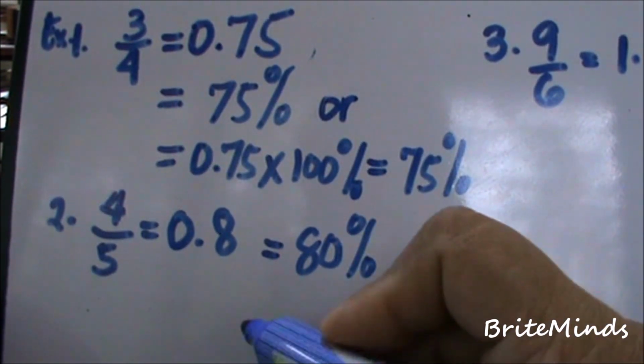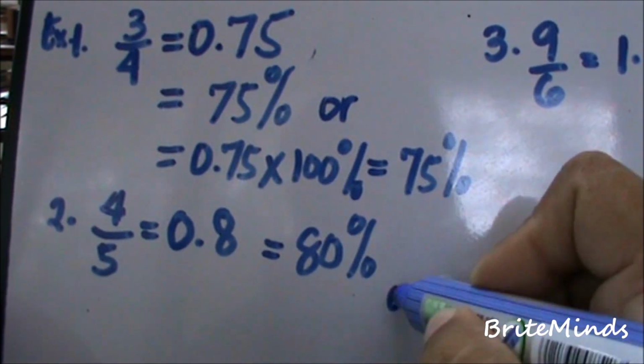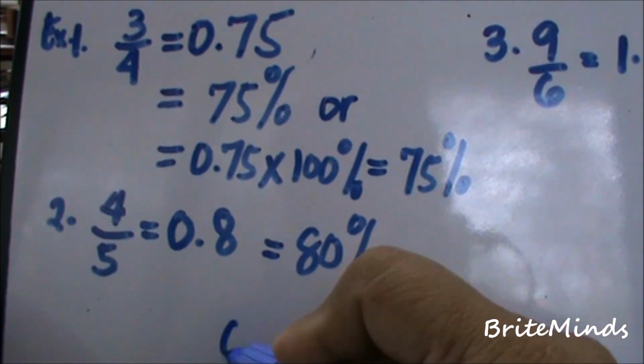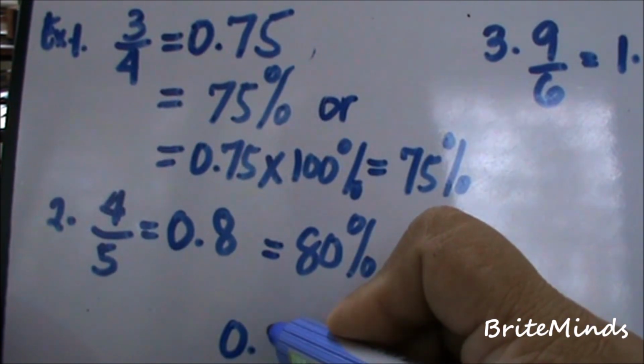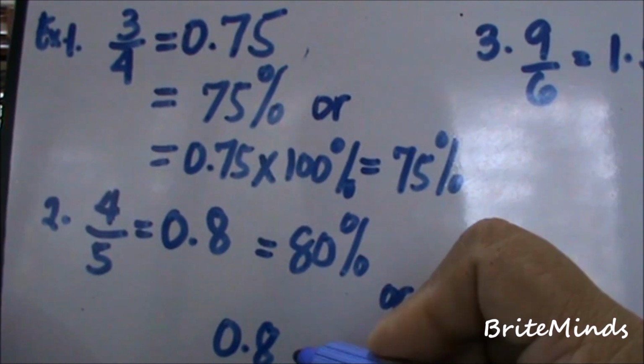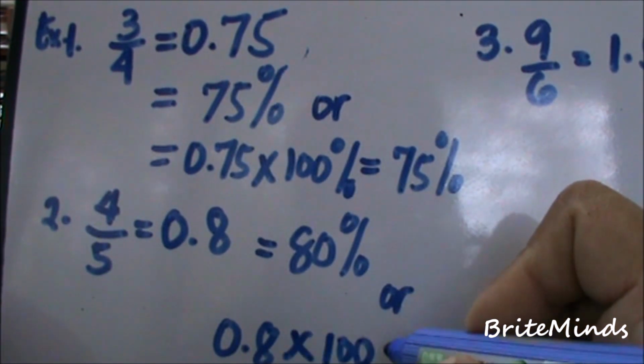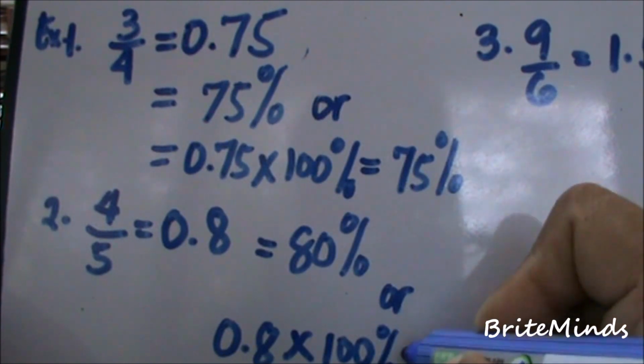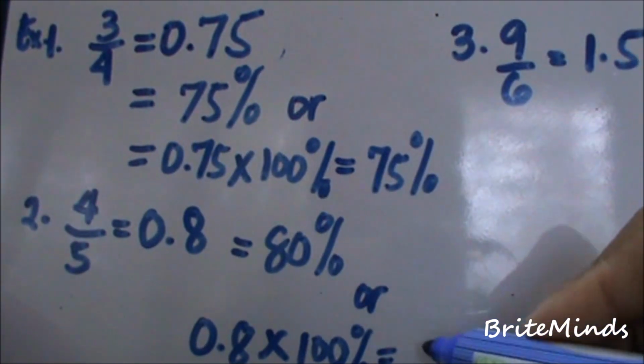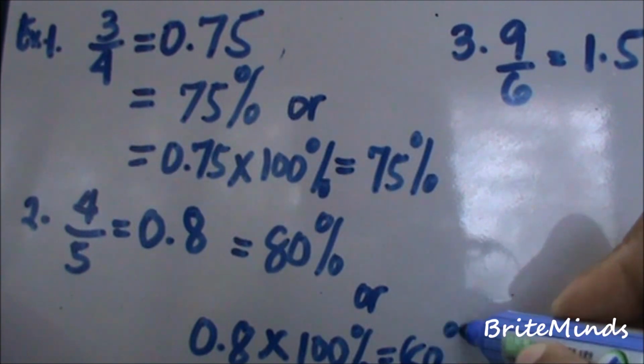Or another way of doing it is 0.8 or 8/10 times 100%. So it will become 80%.